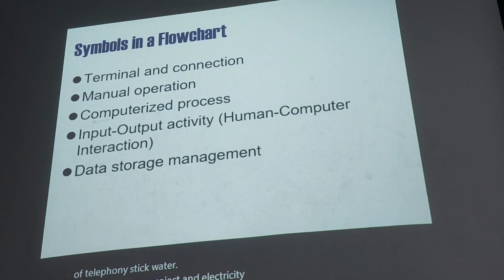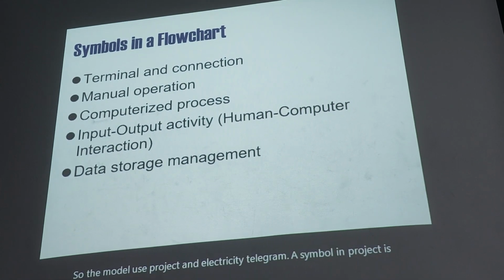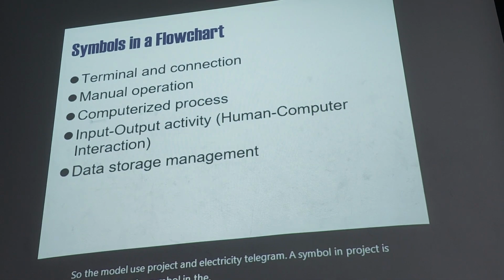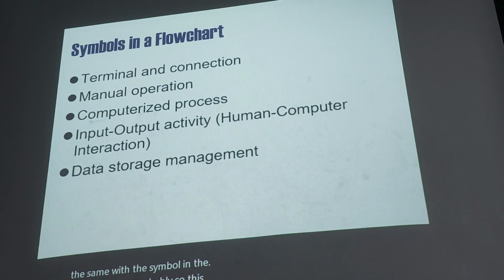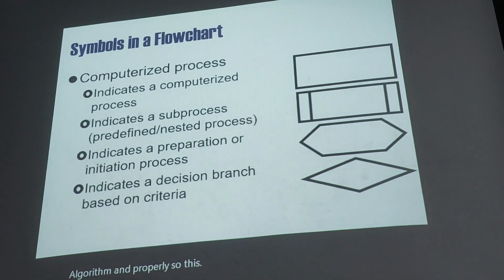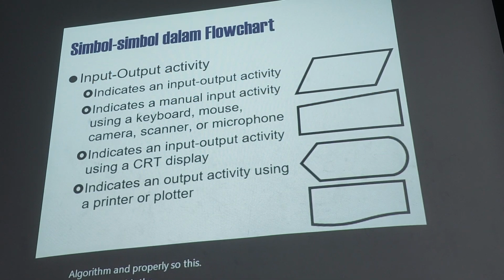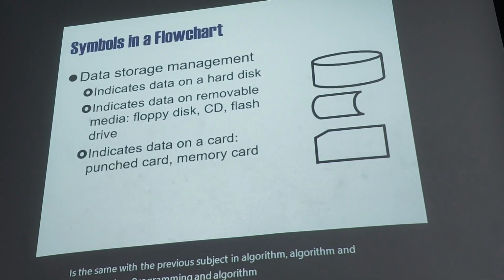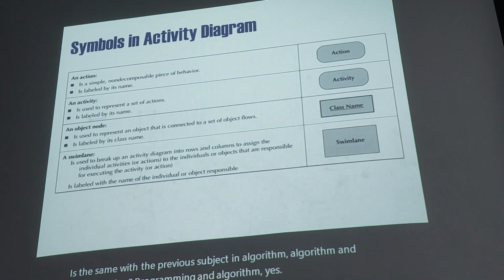A symbol in flowchart is the same with the symbol in the algorithm and programming. So this is like terminal and connection, manual operation component. This is the same with the previous subject in algorithm and programming. Input output, this is the same.